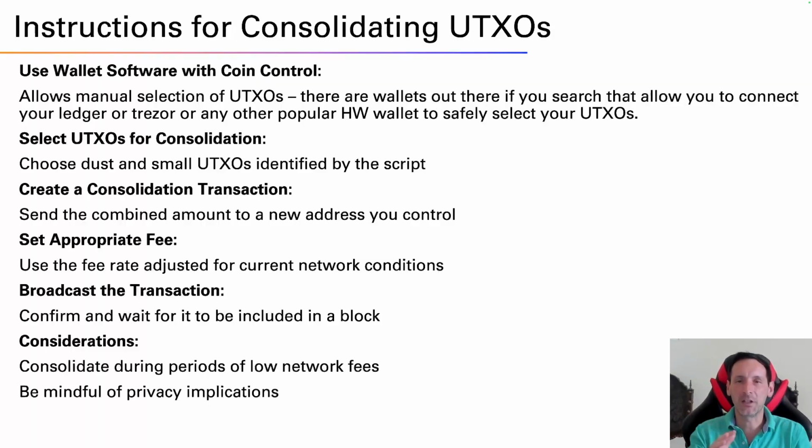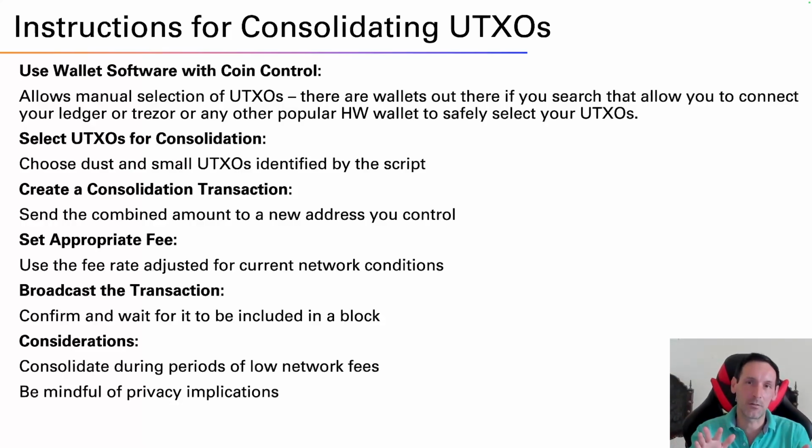If, for instance, I look at it in the early morning, my time, I'm in the GMT time zone, it's really, really cheap. It can be 3, 2, 1, even less than 1. So it's a perfect time for consolidating UTXOs.